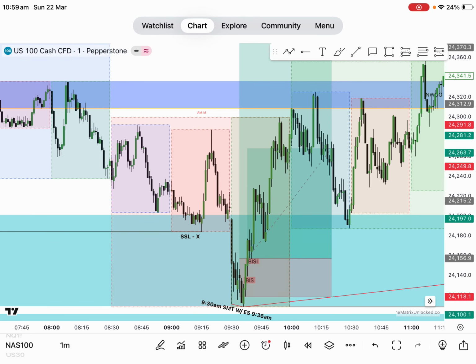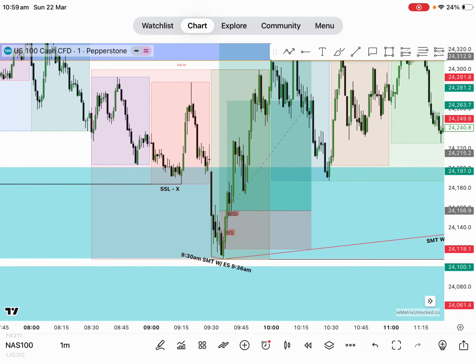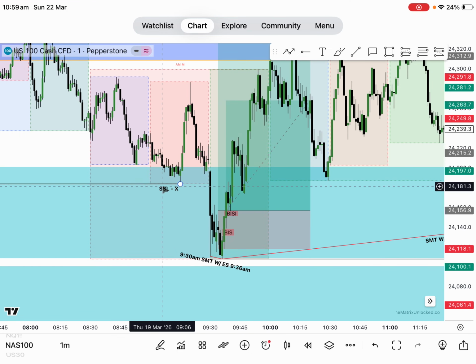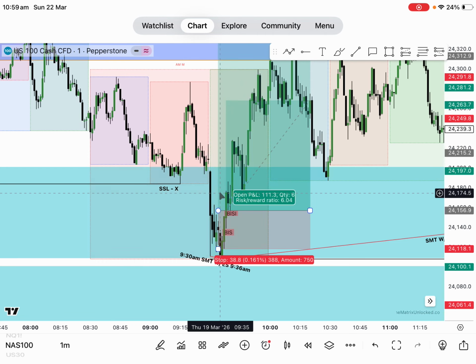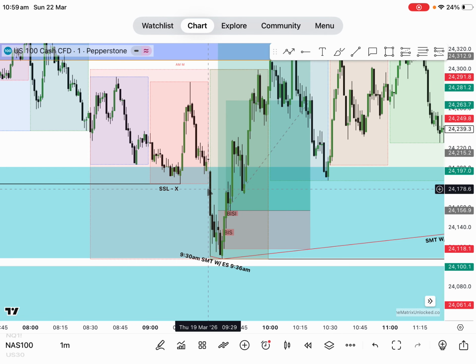Then it comes 9:30. This major sell side liquidity is taken right at 9:15, or actually no, this candle took out at 9:30. This candle took out because it just made equal lows.